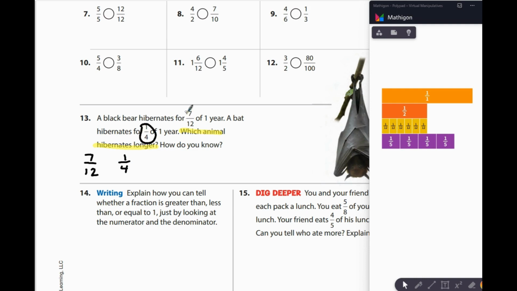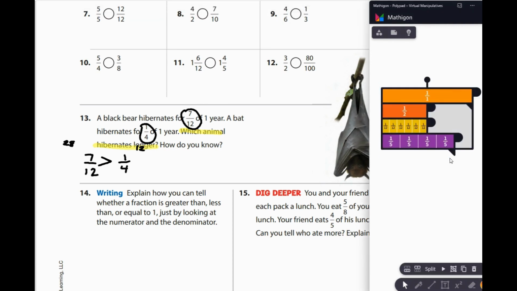I can draw it out, or I can compare. If I use cross multiplication, I know that 4 times 7 is 28, and 12 times 1 is 12. Therefore, I know that should be my answer, right? But I want to prove it. Let's go to our math board.